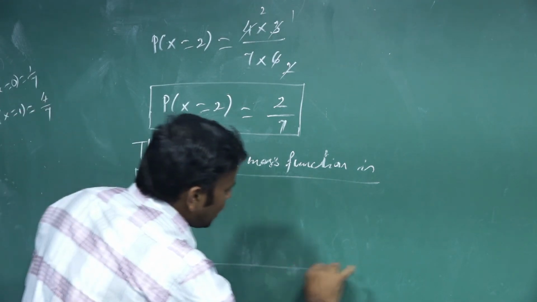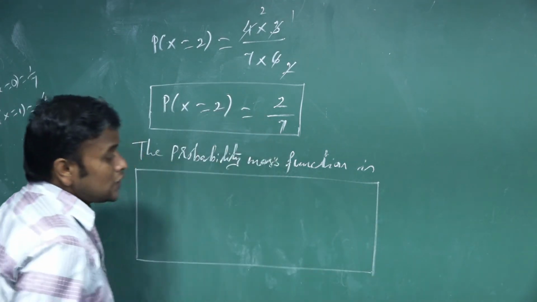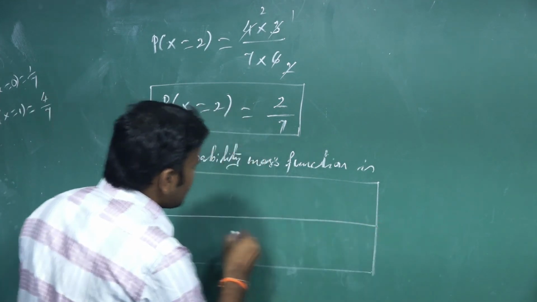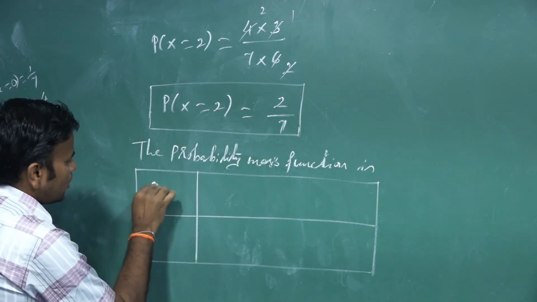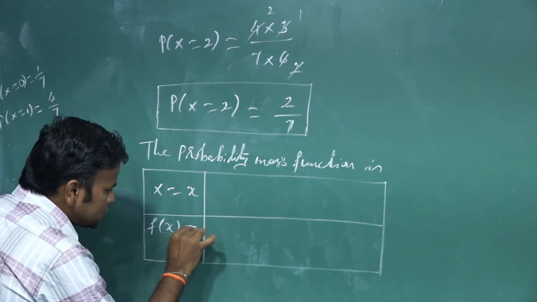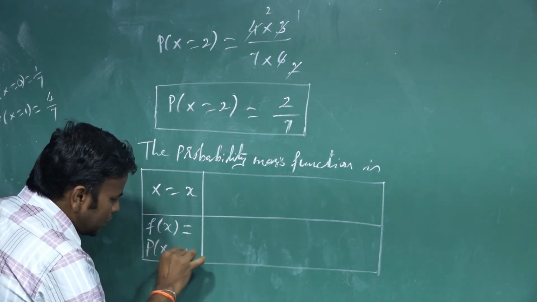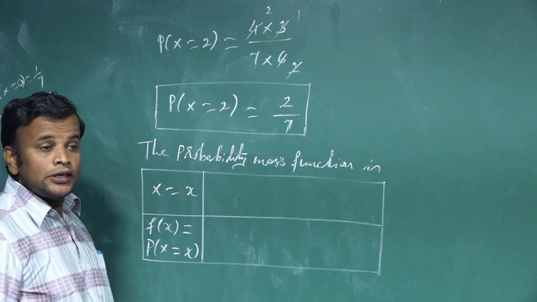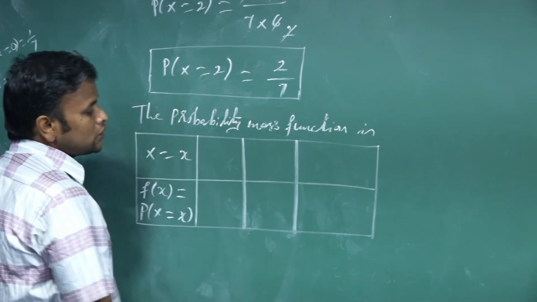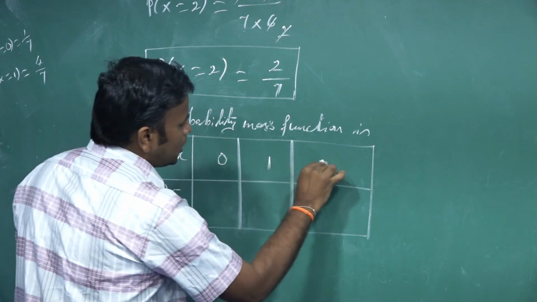The first row is the values of x and the second row is the probability values, f of x, or P of capital X is equal to small letter x. There will be 3 values of x. The values are 0, 1 and 2.